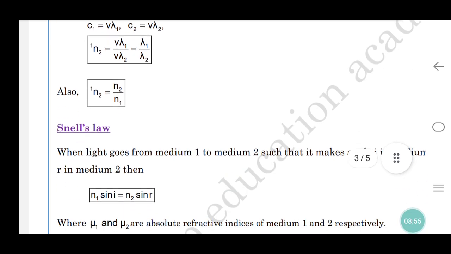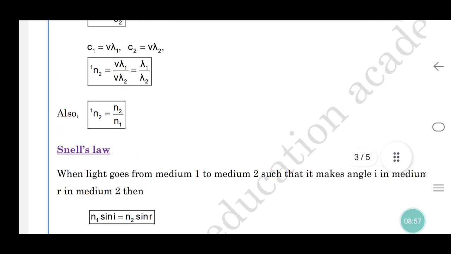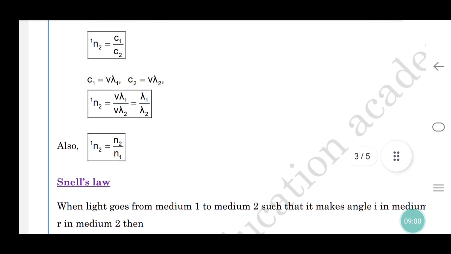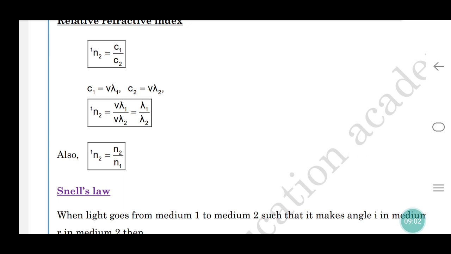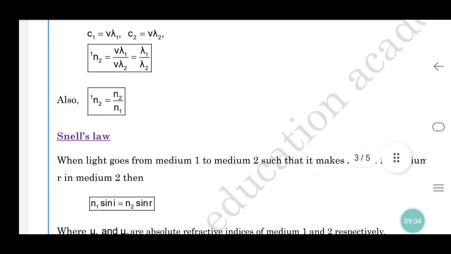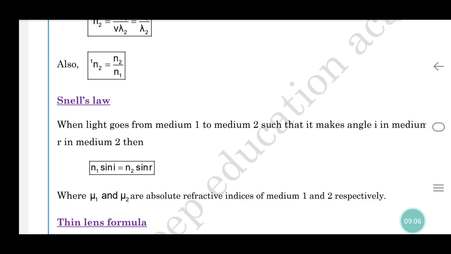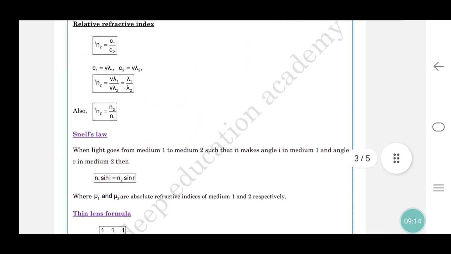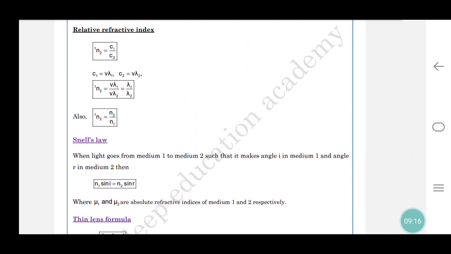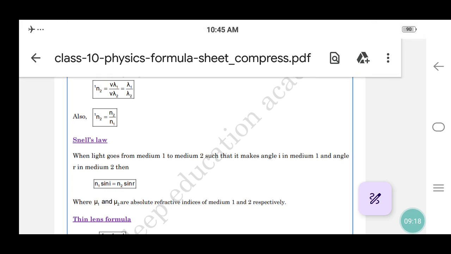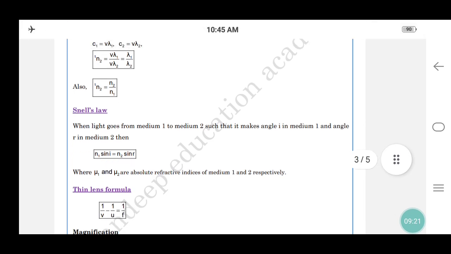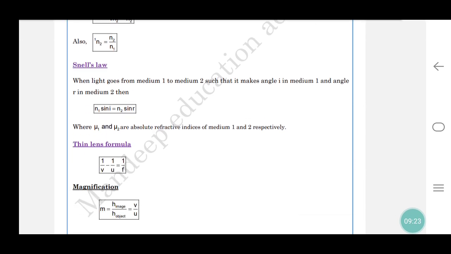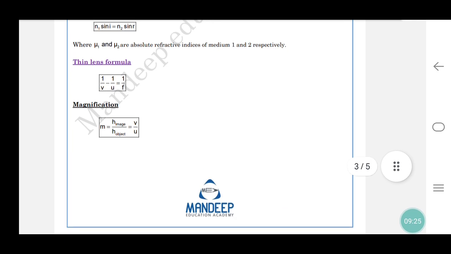Here you should understand Snell's law: when light goes from medium 1 to medium 2, making angle i in medium 1 and angle r in medium 2. These important rules are also given.